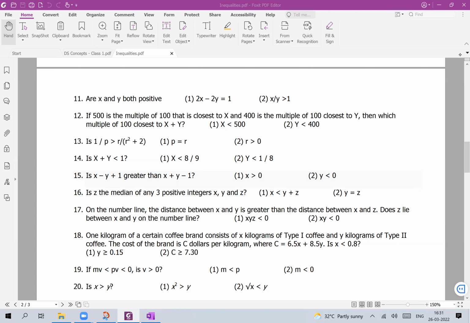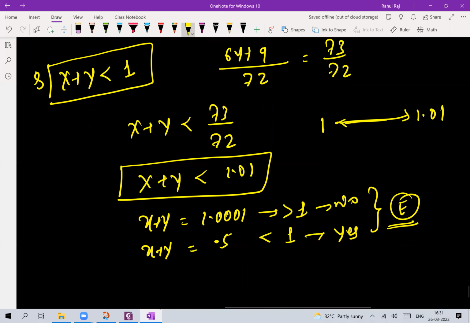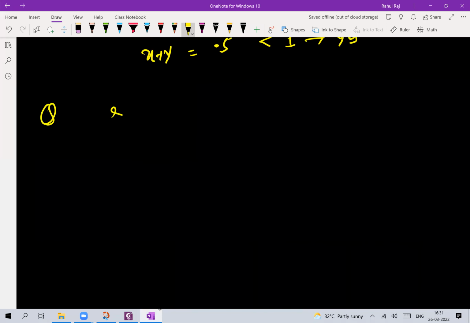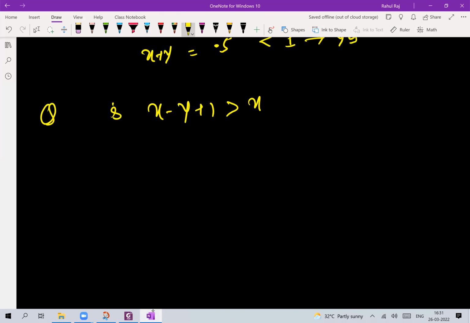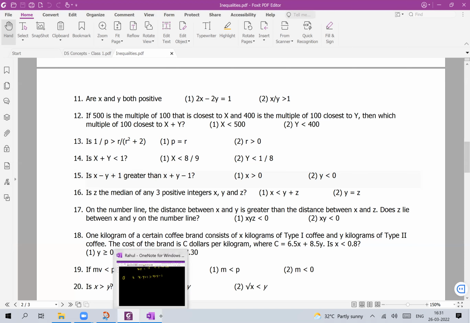So it says, is x minus y plus 1 greater than x plus y minus 1? The options are: x greater than 0, y less than 0.